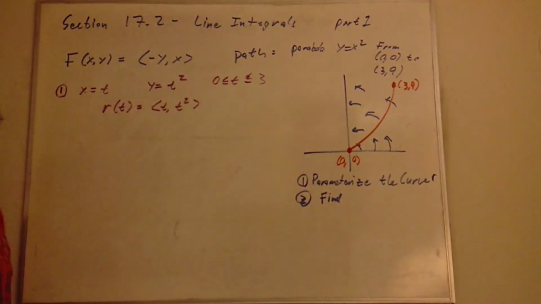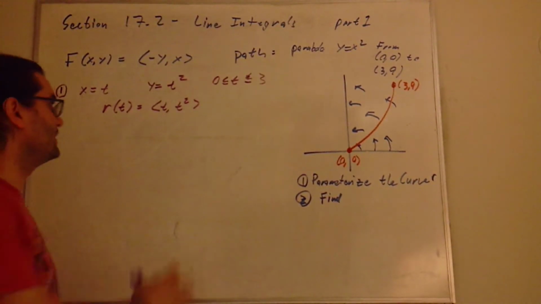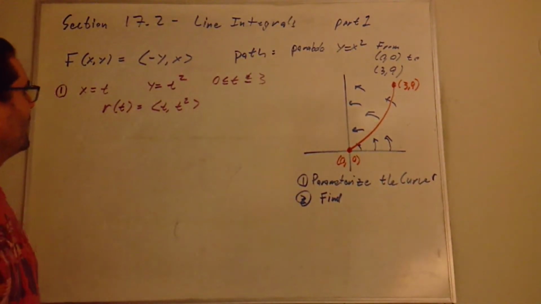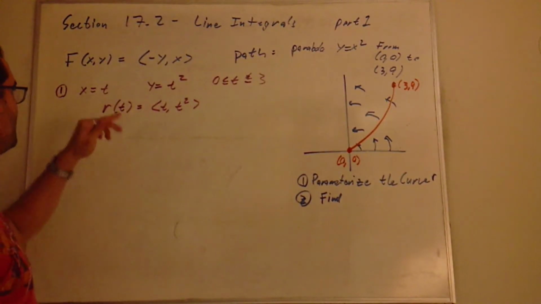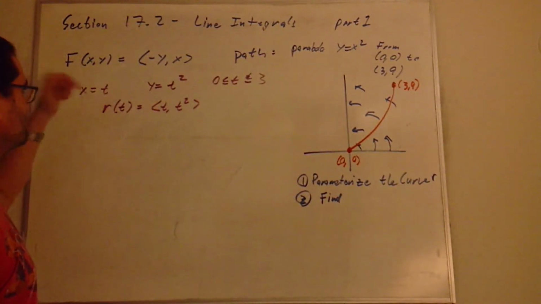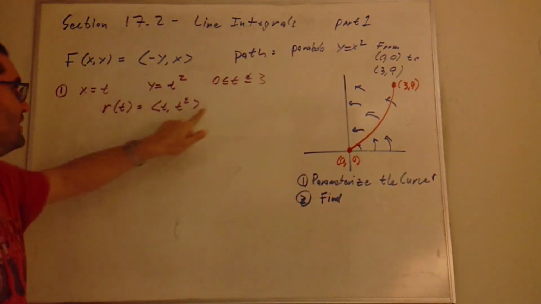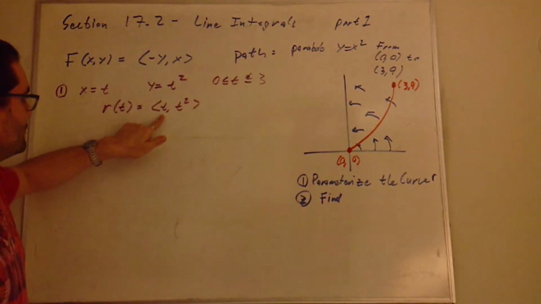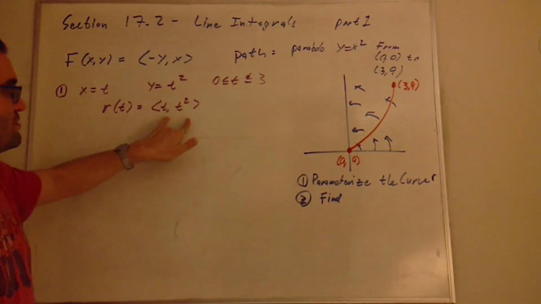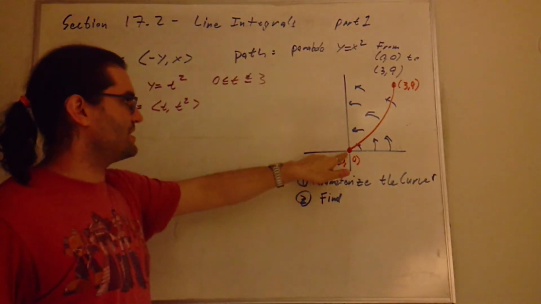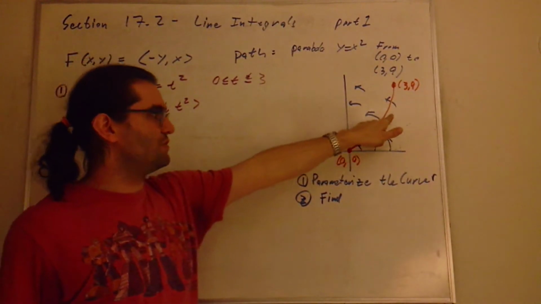This is the path as a vector. And so you can think about this if you plug in various numbers for t. Like if you plug in t equals 2, let's say, this will give you the vector 2 comma 4. So technically this is a position vector. It's telling you how to get from the origin to the point 2, 4.